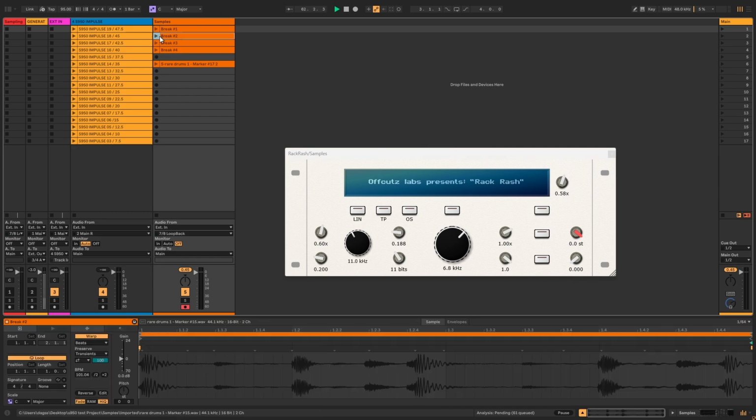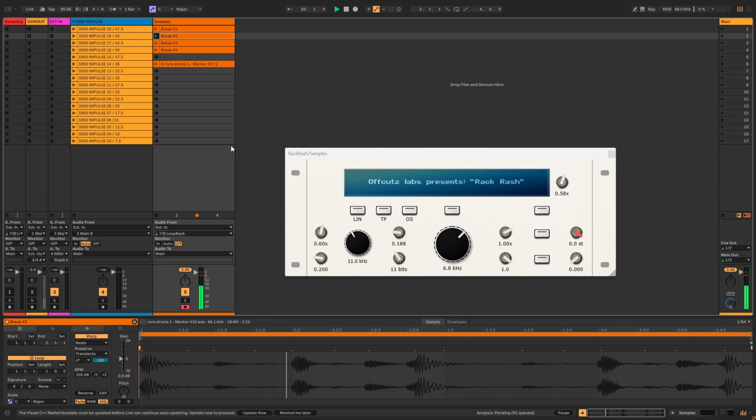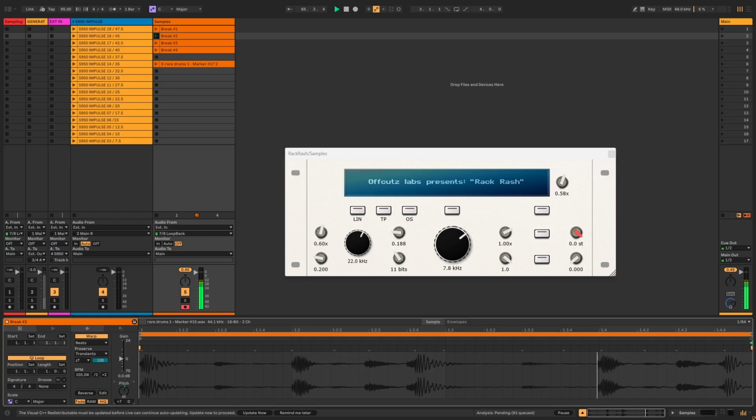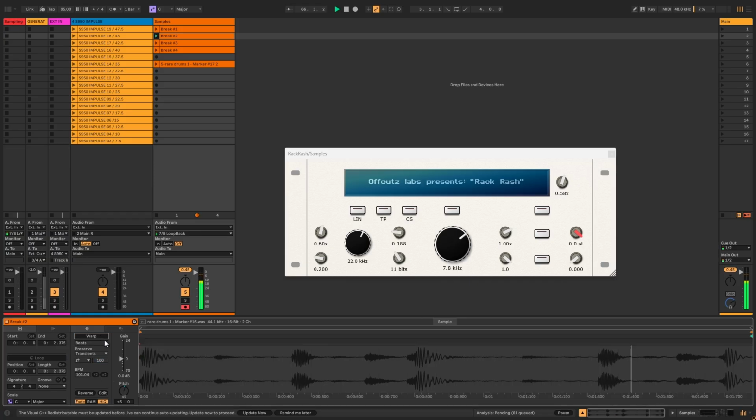So for example, if I've got a break, let's say like this, and I'm going to speed it up. Oops, turn off warping. Even more.